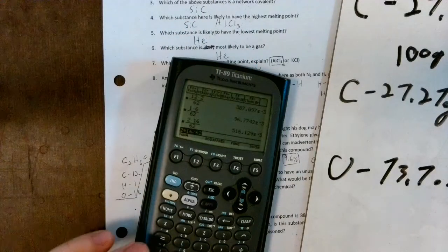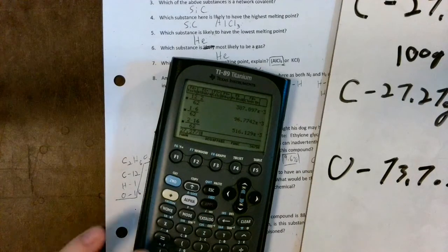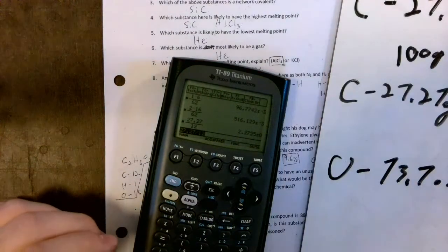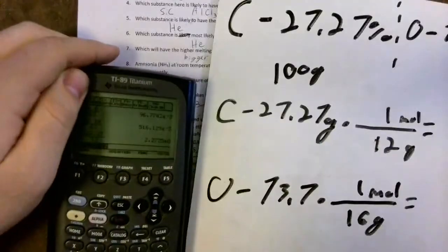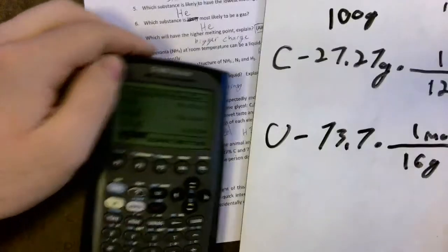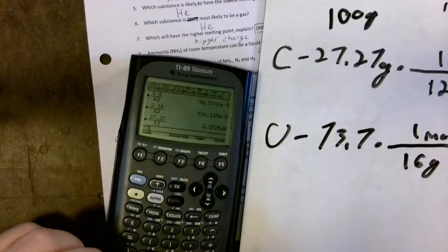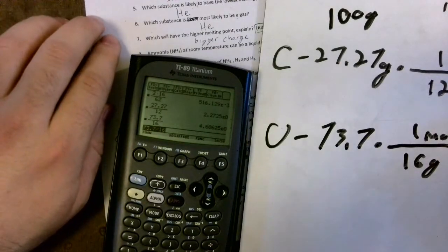Let's punch that into our calculator. It's going to give me 2.27 moles. Okay, and then 73.7 divided by 16. That's going to give me 4.6 moles.